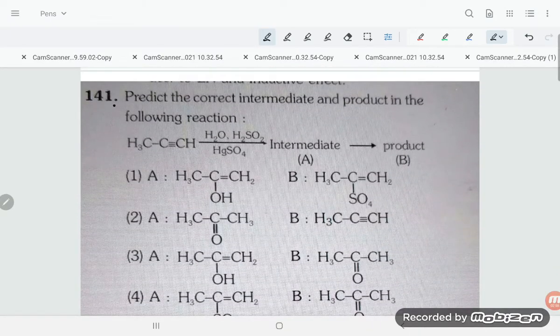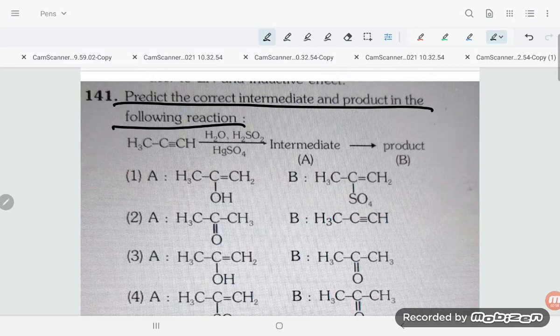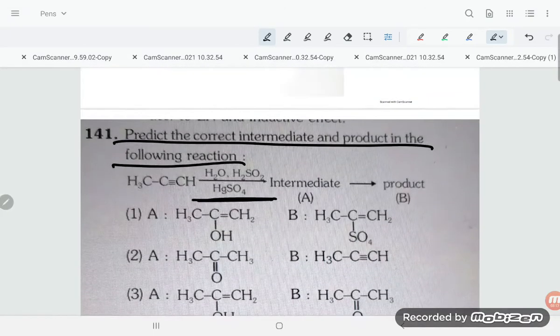Next, predict the correct intermediate in the following reaction. Here you are adding water in the case of an alkyne. Let us try to solve the problem.